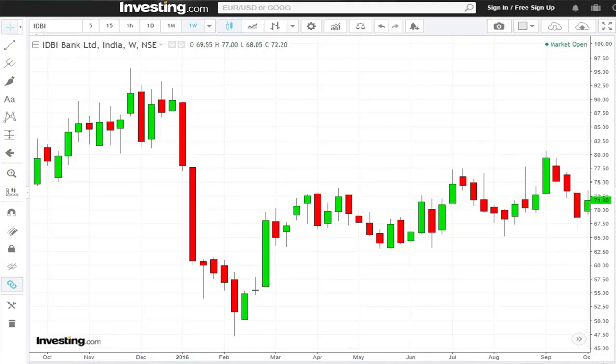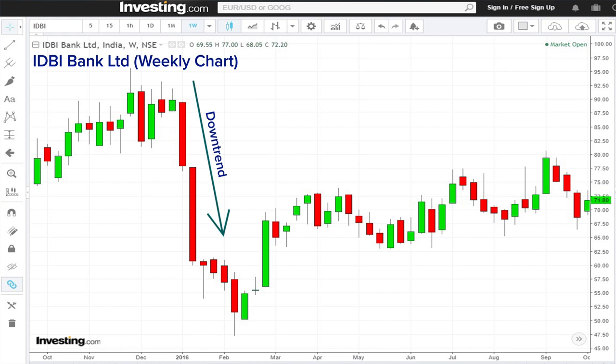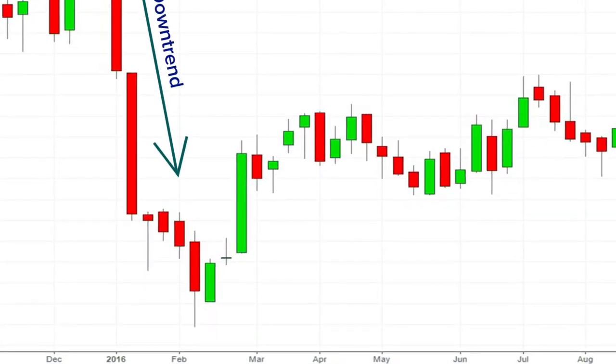Now, let me show you one example of the piercing pattern and also a dark cloud cover in the chart so that we have a better idea about the patterns. Here, first we are looking at the weekly chart of IDBI Bank. See, first there was a downtrend, then there was a red candle in continuation of the downtrend, and then a green candle that opened below the body of the red candle and closed above the 50% line.